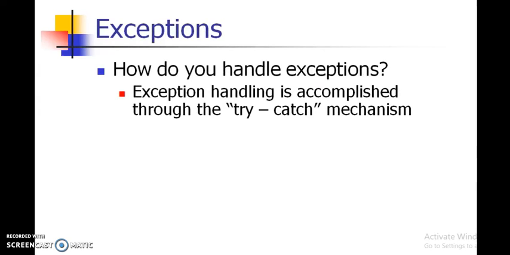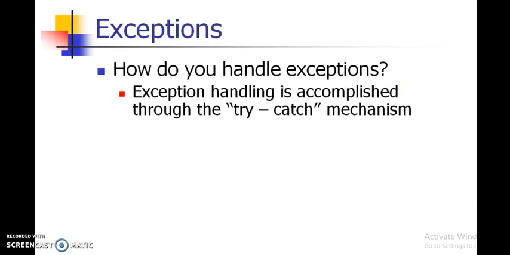Now these runtime errors, which we also call exceptions, as we know, whenever they are generated, the program automatically terminates the execution at whichever point it has reached. That means the generation of the exception causes the program to terminate abnormally.